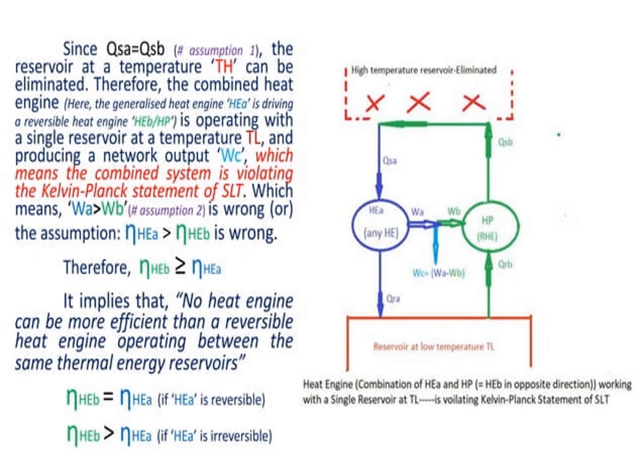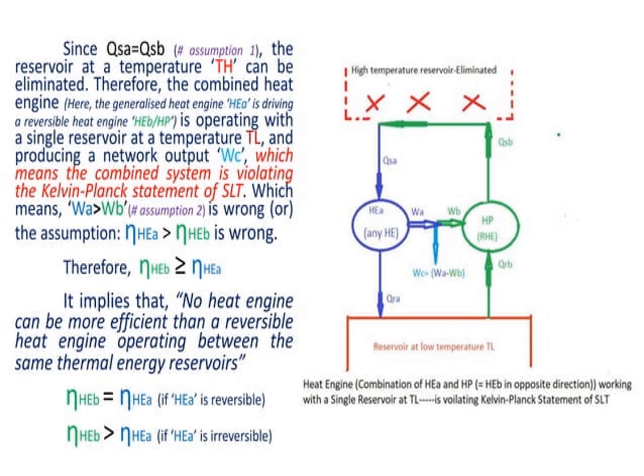Both heat engines act as reversible engines, that is, the first engine is also reversible and the second engine is also reversible. That is known as the second theorem. So we will see the diagram here.